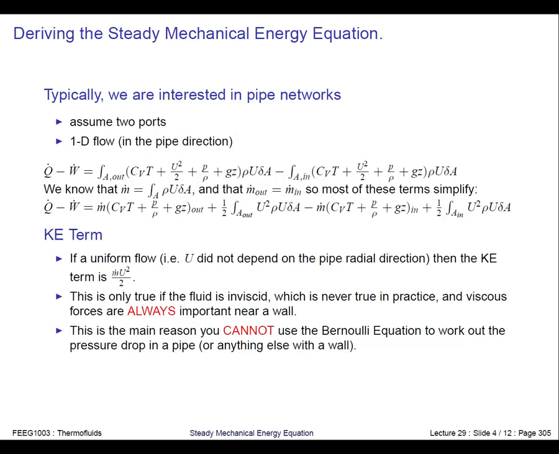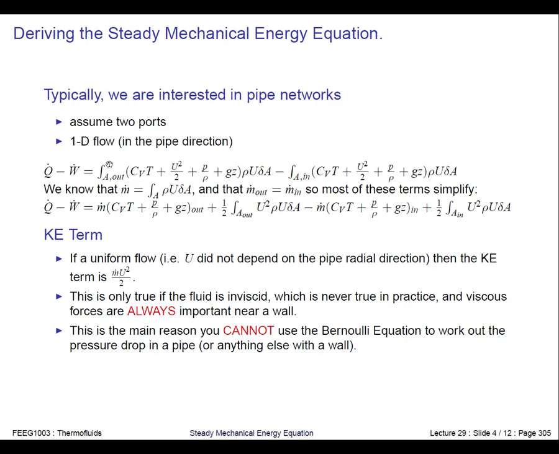We can make some assumptions because we're interested in pipe networks. So let's say we're interested in a pipe, and it might have some bends and joints and a pump and various things in it, but generally there's one inlet and one outlet. So this is my steady flow energy equation generalized to 1D flow and two ports.